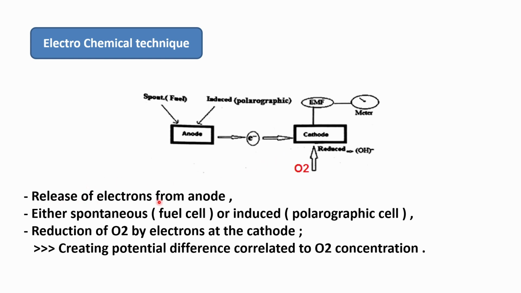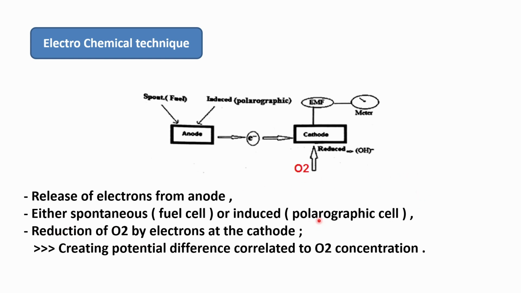Okay, so the release of an electron from an anode could be spontaneous, as in a fuel cell, or induced using an electric power supply to make the anode give its electron, as in a polarographic cell.